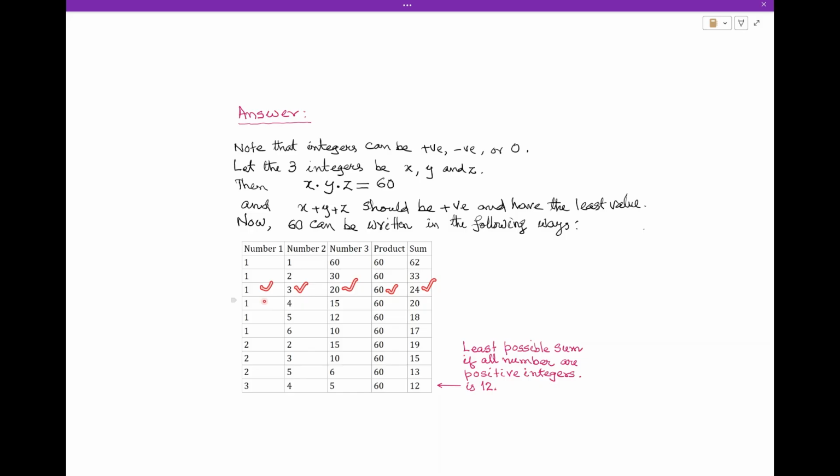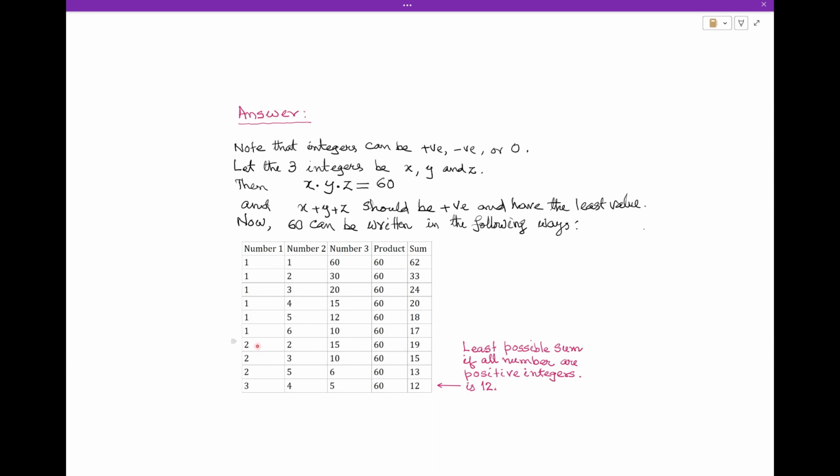For 1, 4 and 15, it would be 60 and 20. For 1, 5 and 12, the product would be 60 and sum would be 18. For 1, 6 and 10, product would be 60 and sum would be 17.